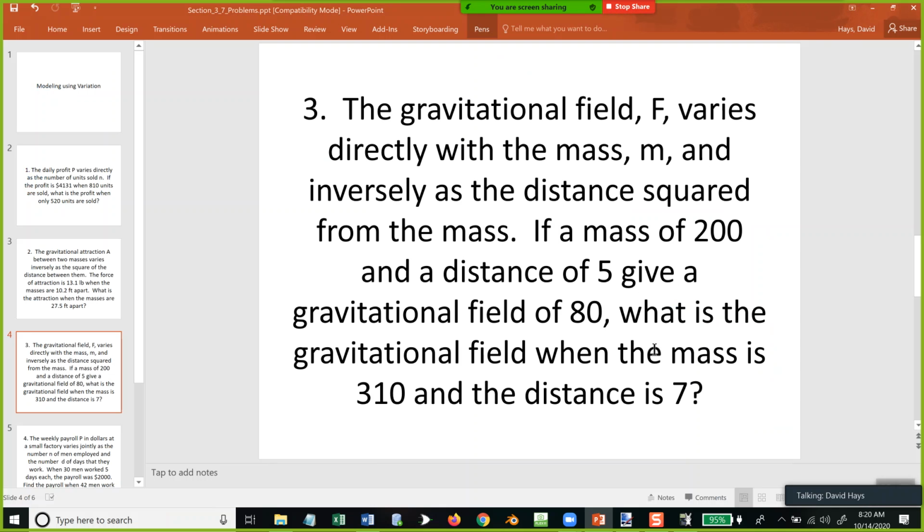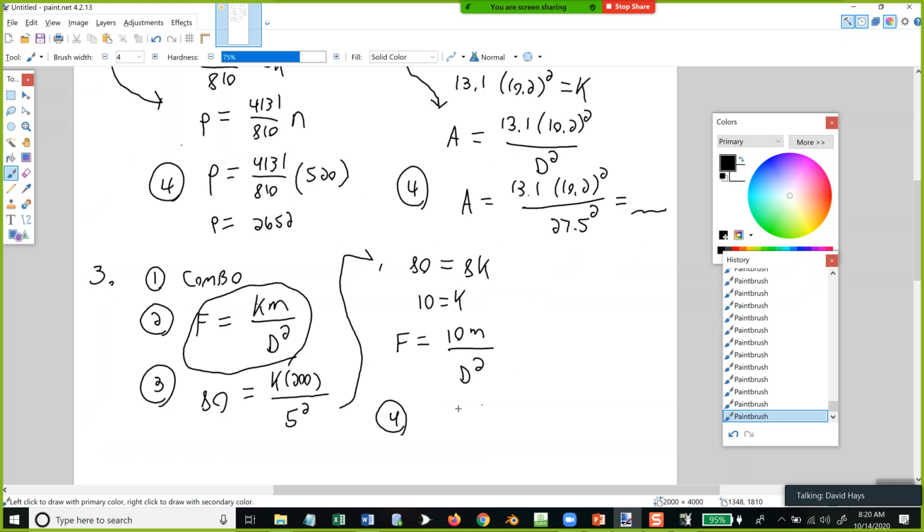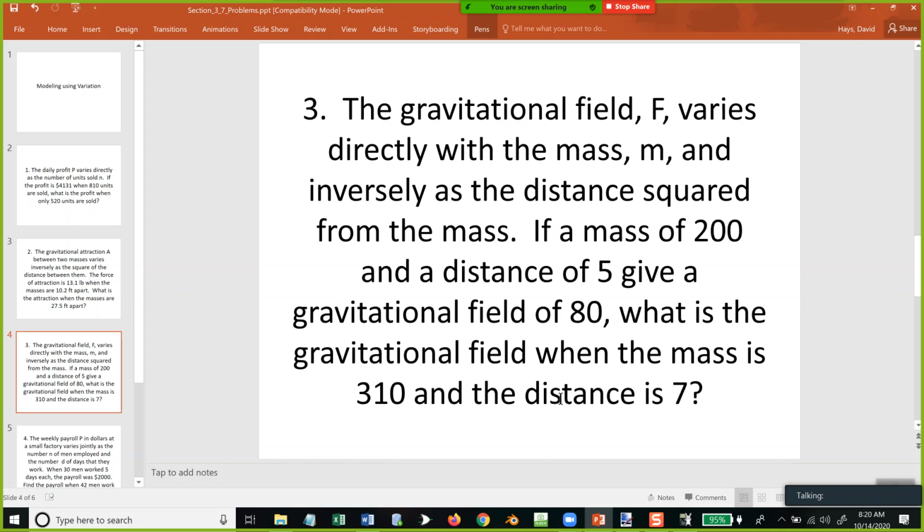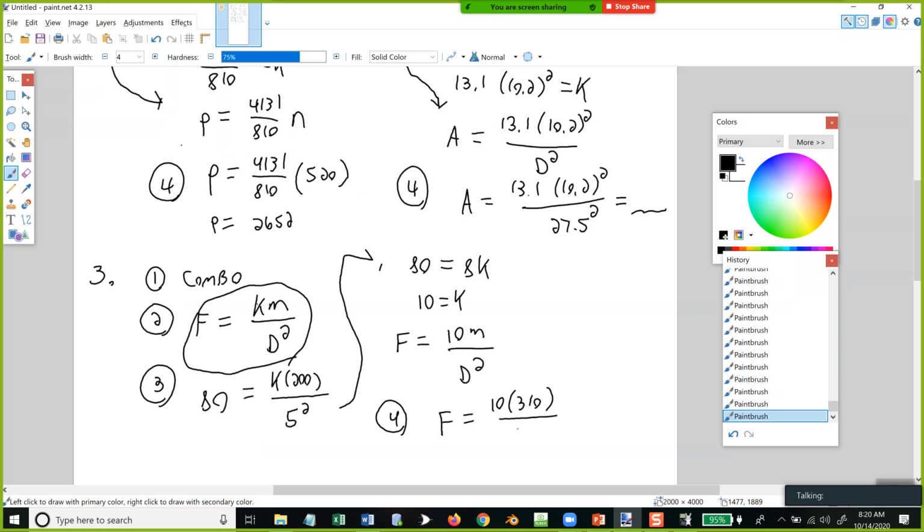What is F when the mass is 310? So you put 310 in for m. And the distance is 7. So put 7 in for d. Whatever that gives you, plug into your calculator, is your answer. Questions on these so far?